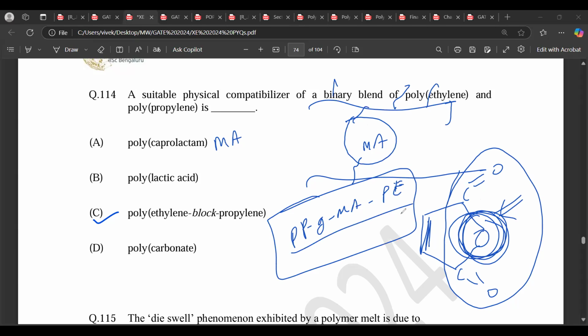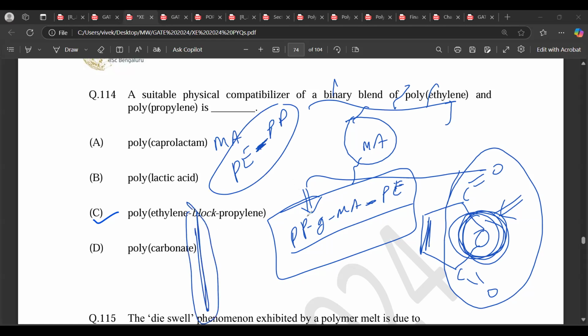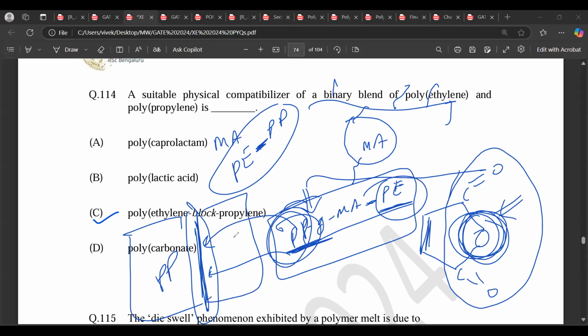For compatibilizing, PP grafted maleic anhydride is a graft copolymer having the same chain structure as the PE and the PP, so they can stabilize at the PE and PP interface. At the interface you can put this graft copolymer, and because it has both PE and PP components, the PP component will be easily stabilized with the PP, and the PE component will help to stabilize PE, so reducing the interfacial energy.